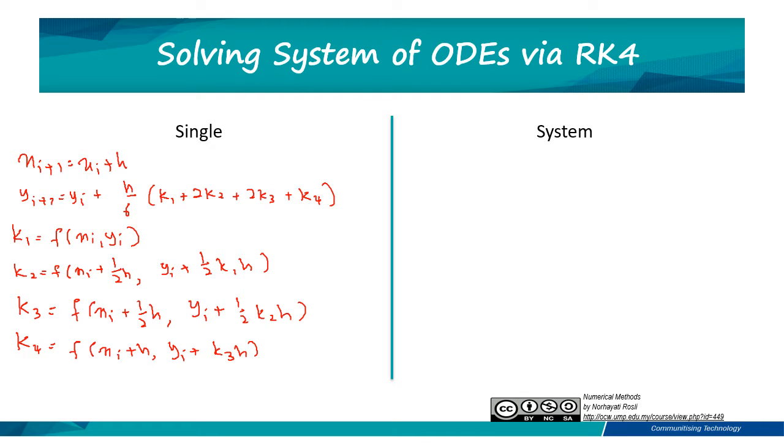How about system? Since for a system you have two equations, that means three variables. So you will have three equations: the equation for x, the equation for y, and the equation for z. If you refer to the single, to calculate y you must have k1 until k4. So the same goes for system.